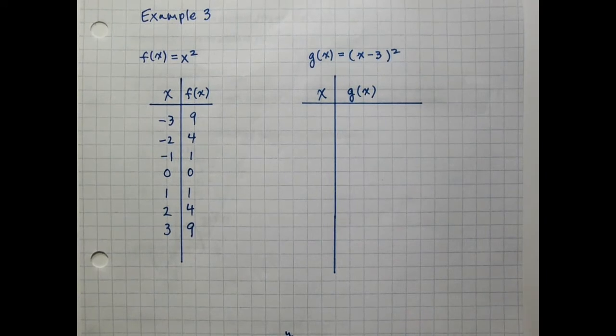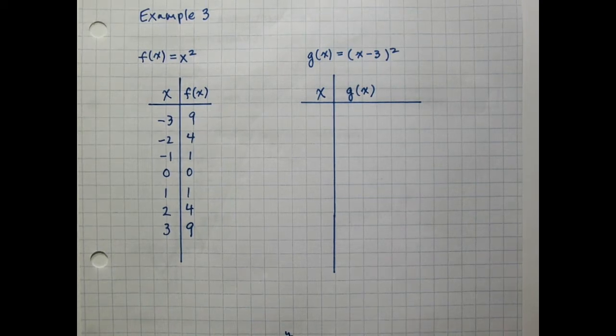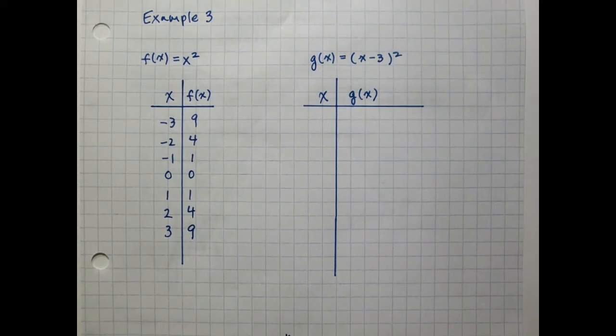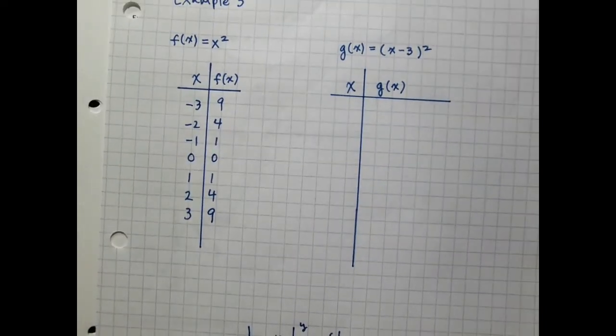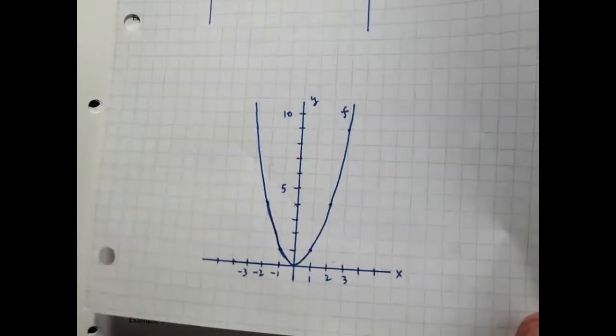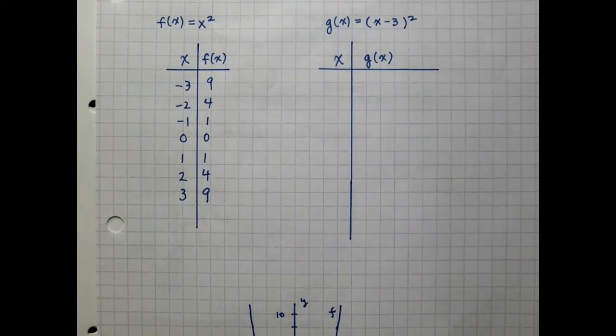In example 3 we're comparing f of x equals x squared to g of x equals x minus 3 squared, where the minus 3 is inside parentheses. Now think about that change of position. I already went ahead and wrote down the table for f because we just calculated that in example 1. And I also have the graph of f drawn here already for us.